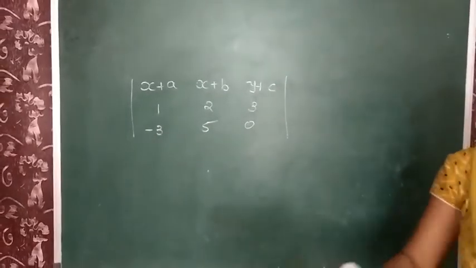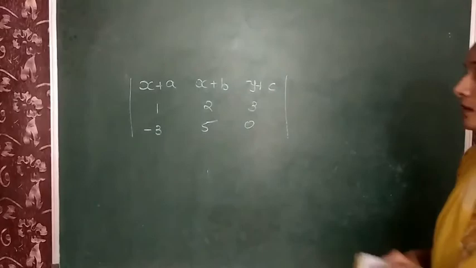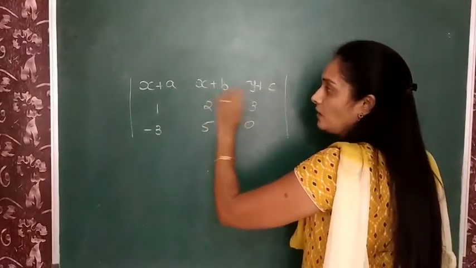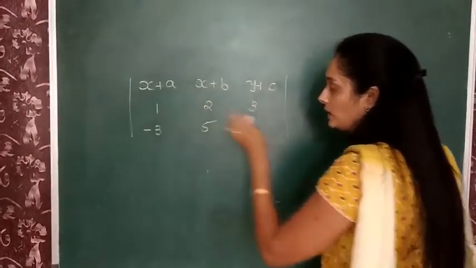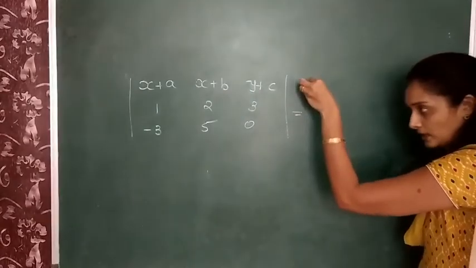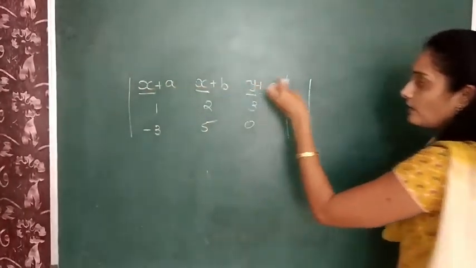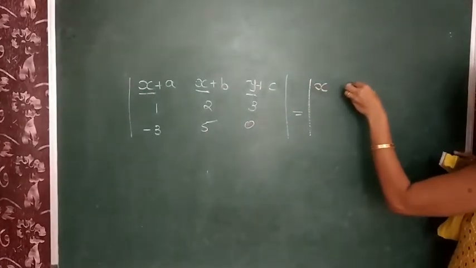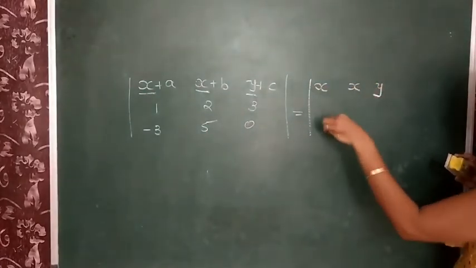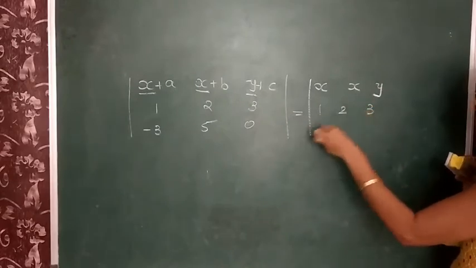The determinant is like this. Here the first row is the addition of two terms. So we can write this determinant like this: first row X, X, Y, with the second and third rows as they are.